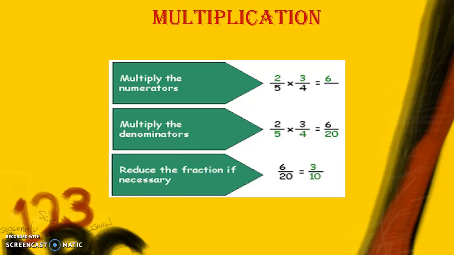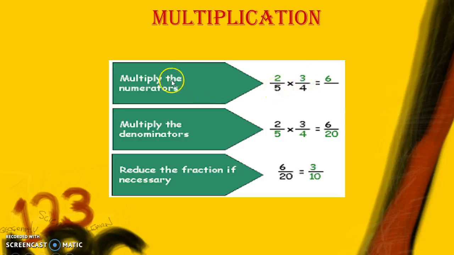That is fraction subtraction. Next is fraction multiplication. There are also three steps of fraction multiplication. First, multiply the numerators. Second, multiply the denominators. And lastly, reduce the fraction if necessary. For example, 2 over 5 multiplied by 3 over 4.